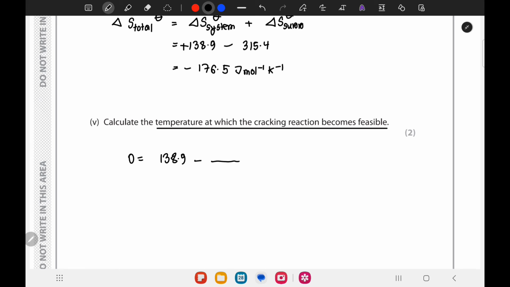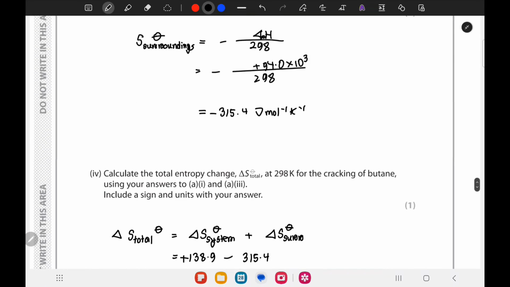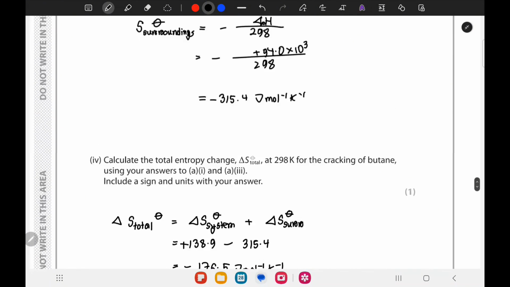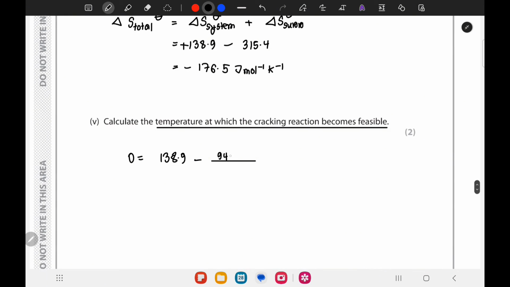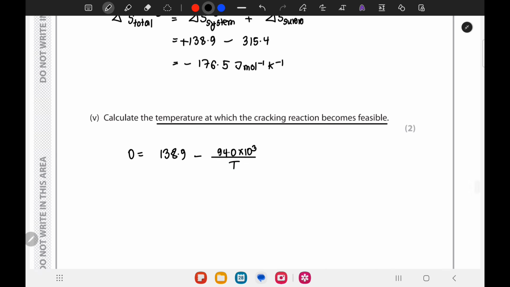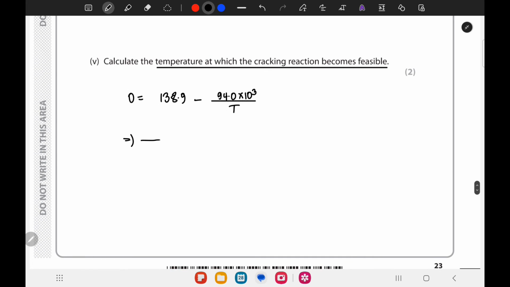And for del S surroundings, we'll have the del H, which was 94 into 10 cube, divided by the temperature. Now the temperature is the unknown over here. If I move this expression to the left, I'll get 94,000 divided by T is 138.9.